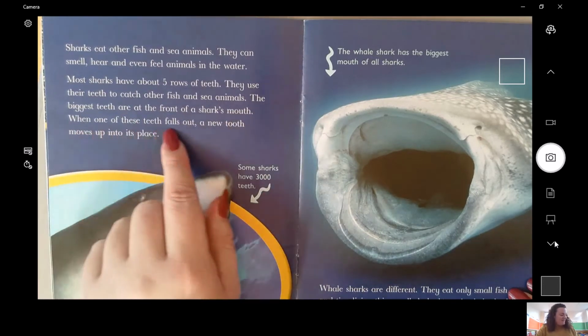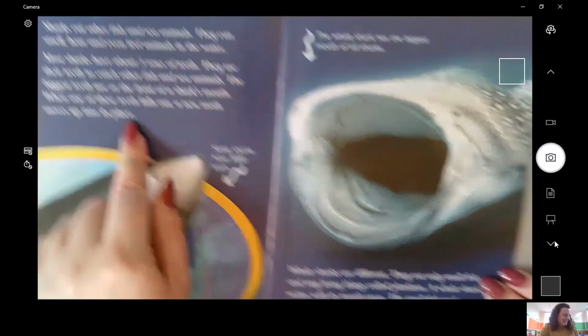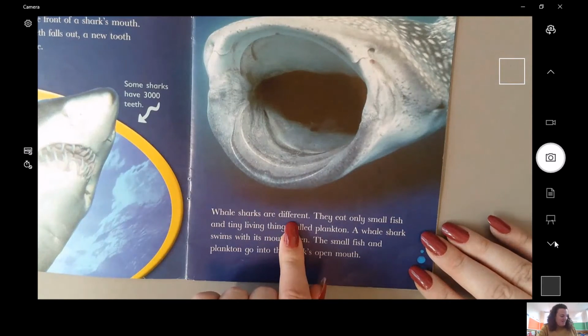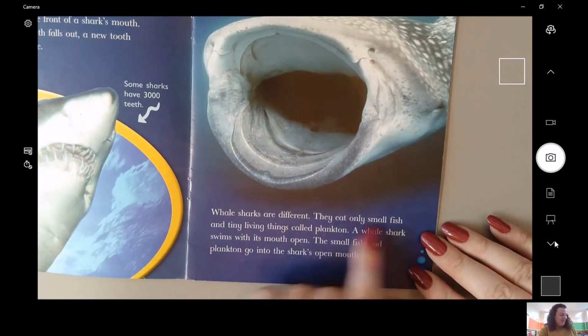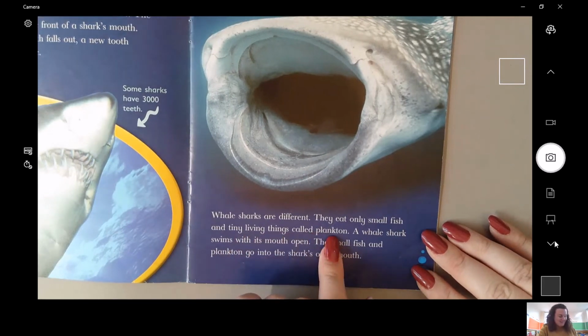When one of these teeth falls out, a new tooth moves up into its place. Whale sharks are different. They eat only small fish and tiny living things called plankton. A whale shark swims with its mouth open. The small fish and plankton go into the shark's open mouth.